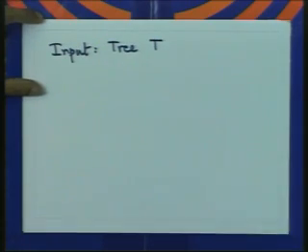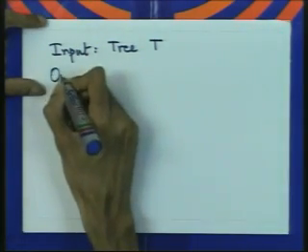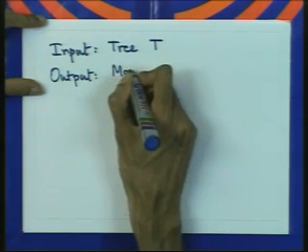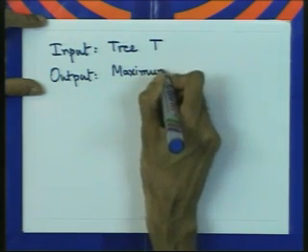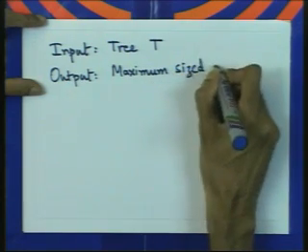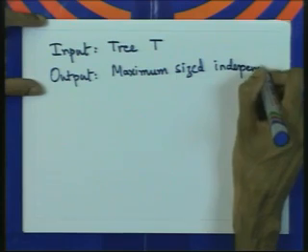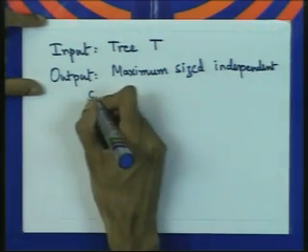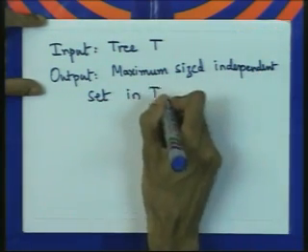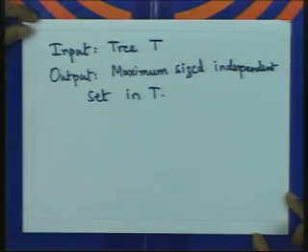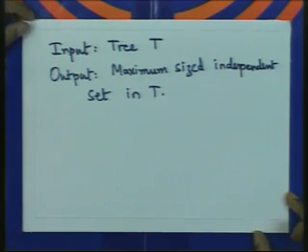The output, as output I want a maximum sized independent set in T. Okay, I want a subset of the vertex set of maximum size so that there is no edge between any pair of them. Okay, so this is the problem we would like to solve.